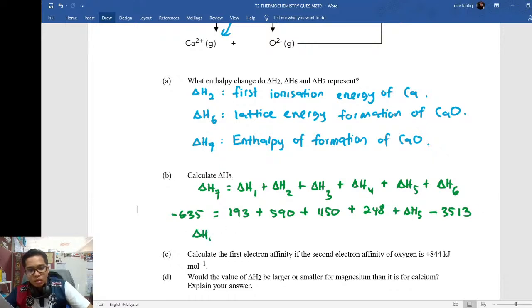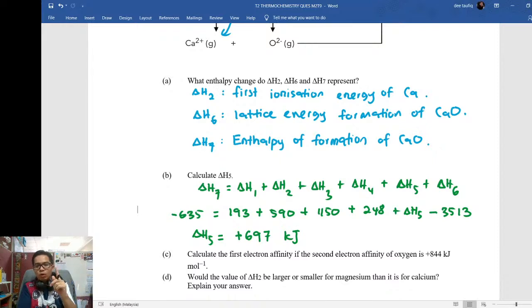So delta H5 is equal to, so my answer for delta H5 is positive 697 unit kilojoule.